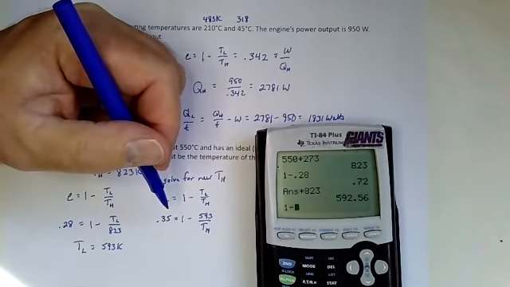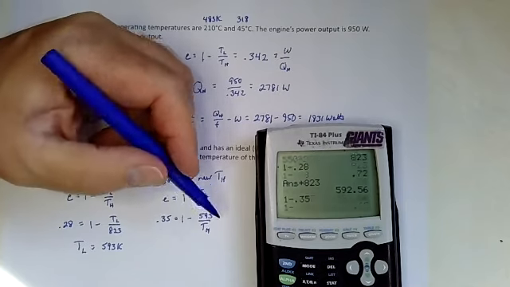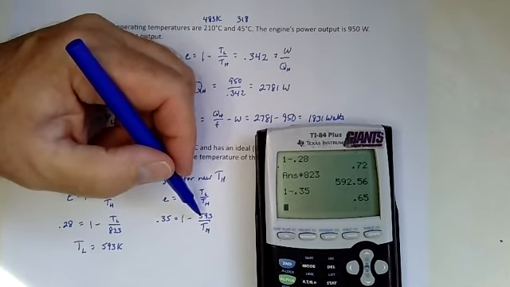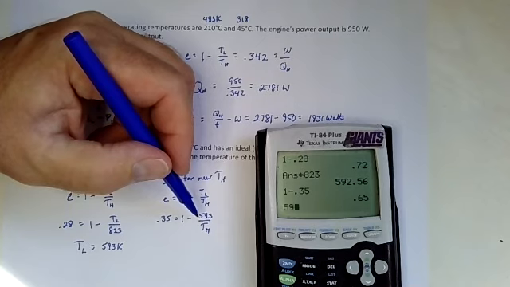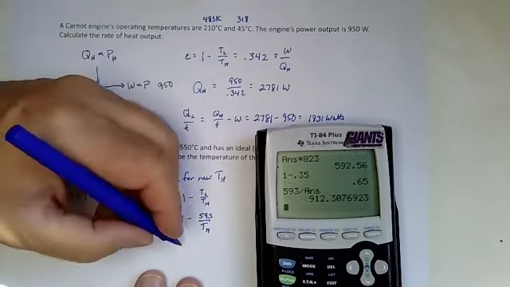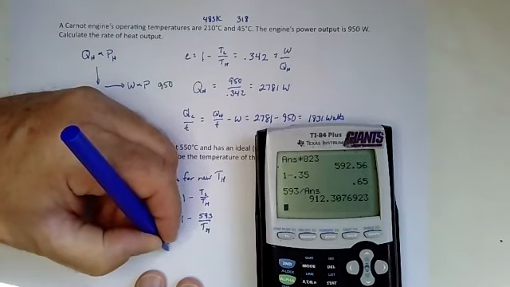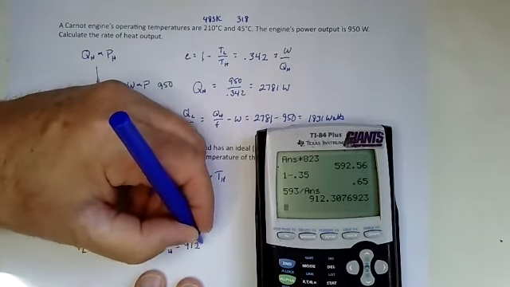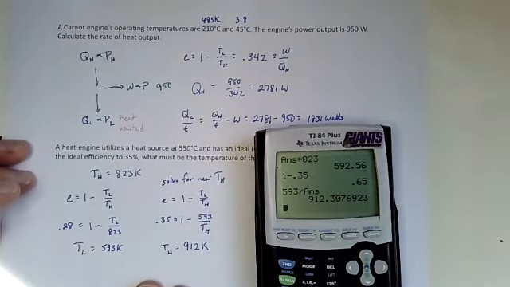So 1 minus 0.35. And then we're going to divide that into 593. And so the new TH is equal to 912 Kelvin.